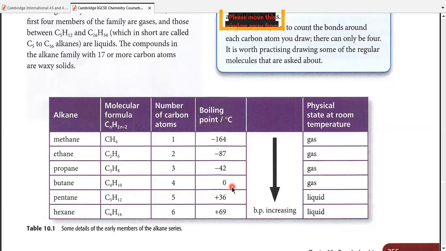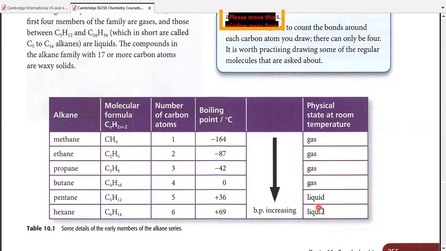The change is, however, an increase, because as the number of carbon atoms increases, melting point, boiling point, density, and the intermolecular forces all increase. Physical state, however, changes from gases to liquids to waxy solids to hard solids.